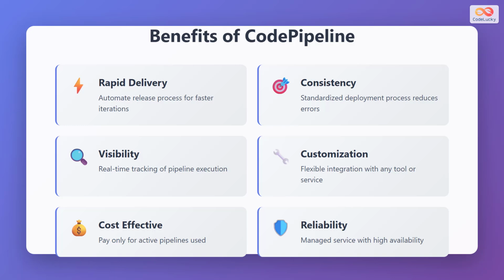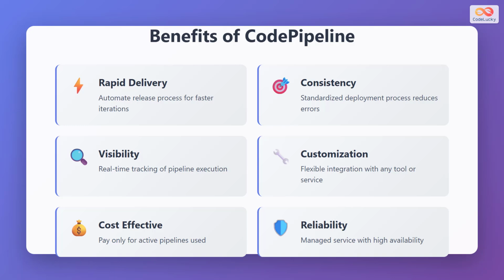CodePipeline delivers significant benefits to development teams. Rapid delivery is achieved by automating the entire release process, allowing for faster iterations and quicker time to market. Consistency is ensured through a standardized deployment process, which reduces human errors and variability. Visibility into your pipeline execution is provided through real-time tracking, so you always know the status of your releases.